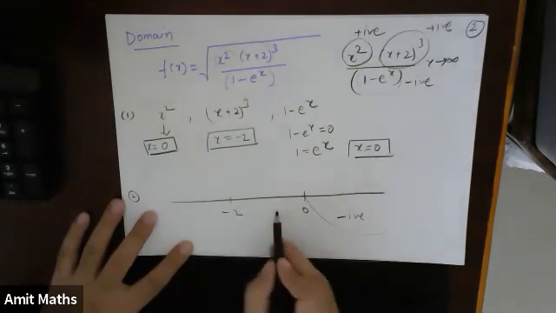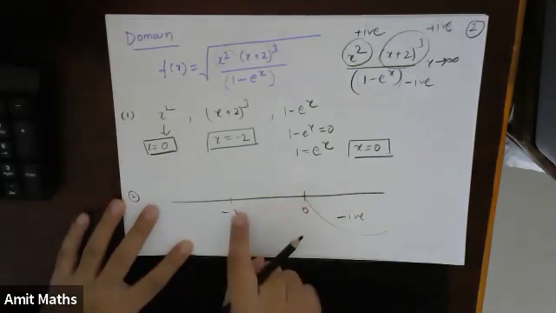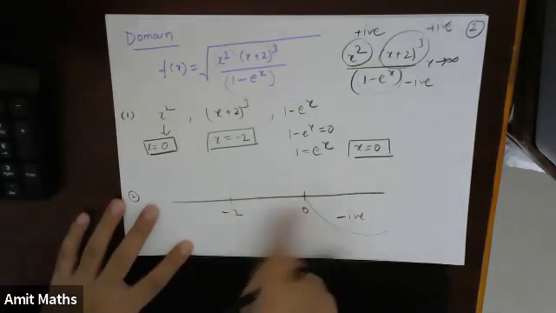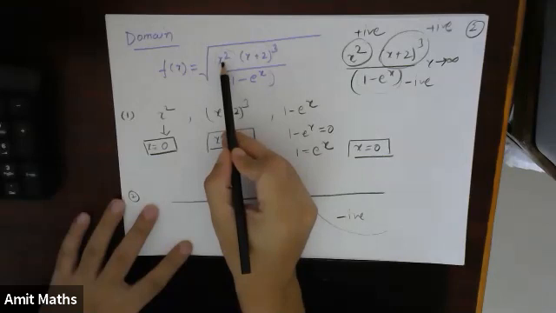If you have any doubt, you can substitute a value in between. I'll explain. In between these two, I can take any value, minus 1. If I substitute minus 1 here, what will I get?